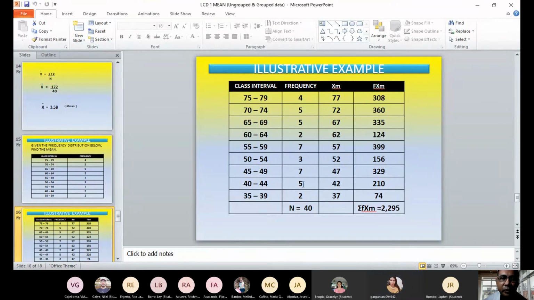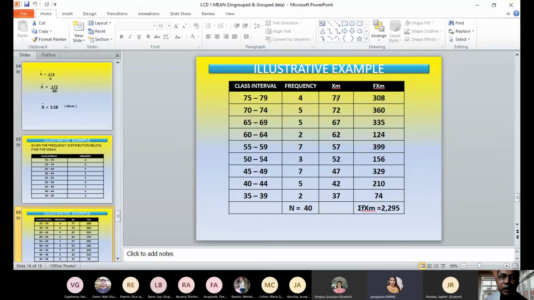Sum up the frequency. Therefore, the total population is 40. Find the class mark: as I have said, lower limit plus upper limit divided by 2. So that is the class mark.